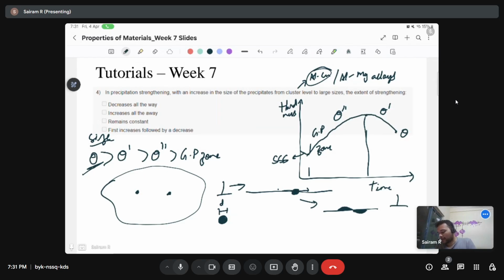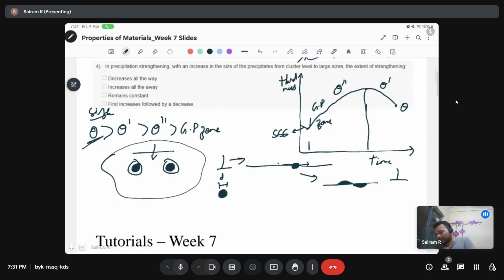When these two precipitates are greater than a certain size, and the distance between them is a certain amount, dislocation motion follows an Orowan mechanism, where the dislocation starts forming loops around these precipitates.